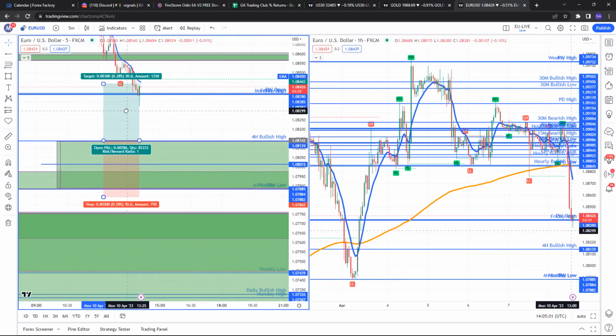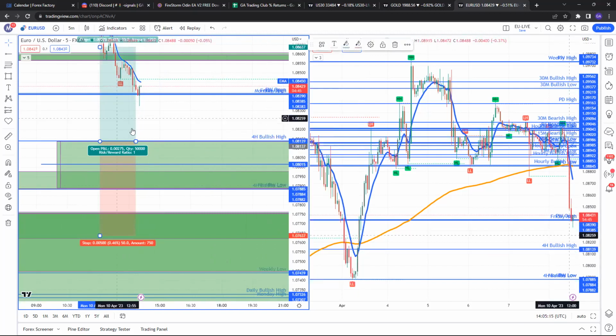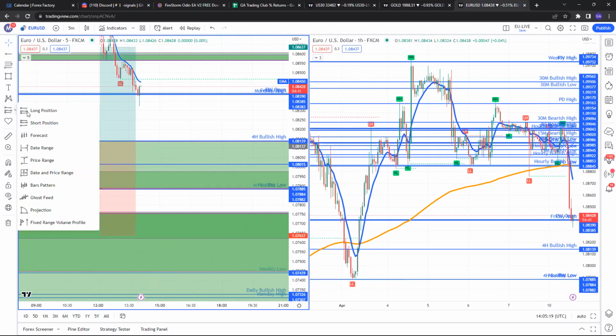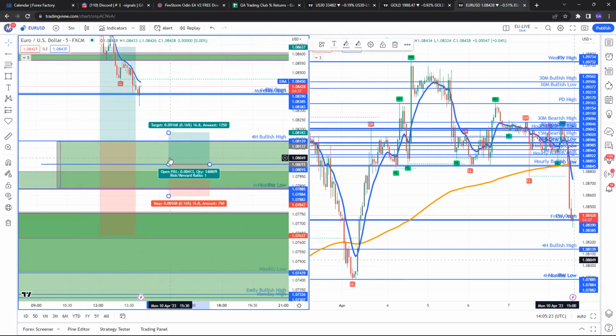So when price does come up here, this is your filler trade. Ideally for a filler trade, use a smaller lot size, preferably a bigger stop loss, so you can go for 50 pips take profit, 50 pips stop loss. And then the next trade, which is ideally a bigger trade, is in the middle of that zone.